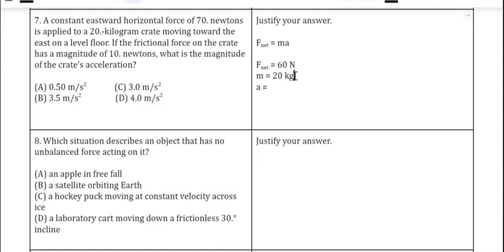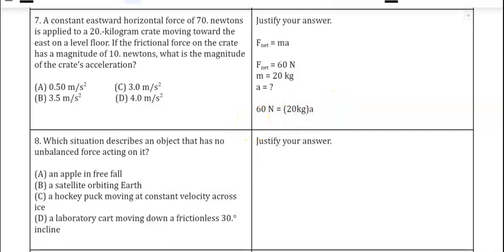They told me my mass was 20 kilograms, and I'm solving for acceleration. So I can just write 60 newtons equals 20 kilograms times acceleration. To get acceleration by itself, I want to undo this 20 kilograms that's in the way. Right now, it's being multiplied by acceleration, so I want to divide it. So I could do 60 newtons divided by 20 kilograms, and divide by 20 kilograms on both sides.